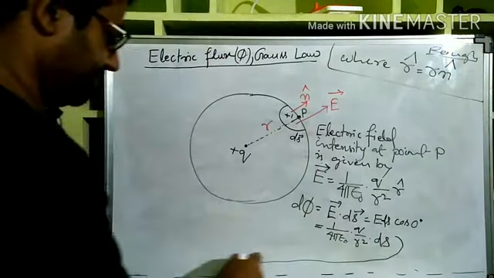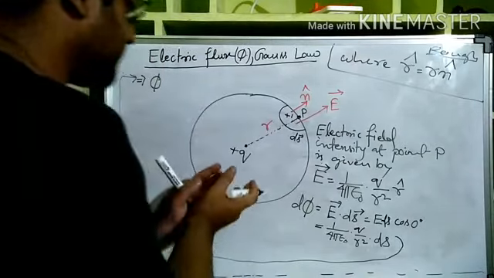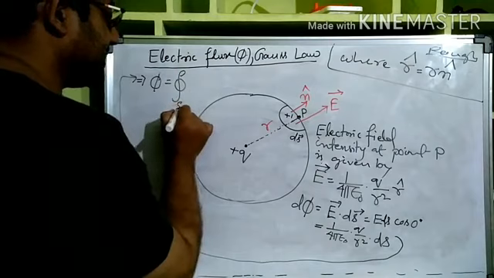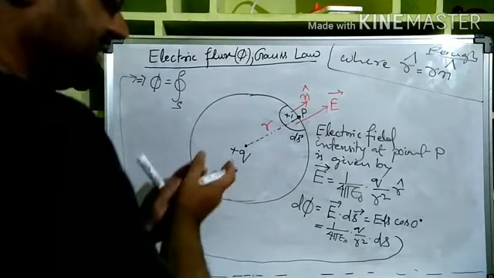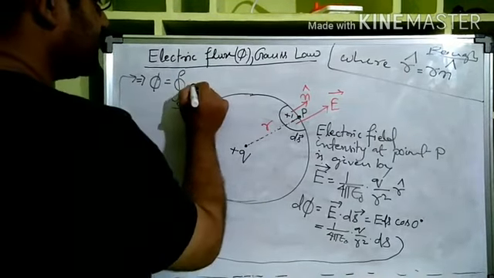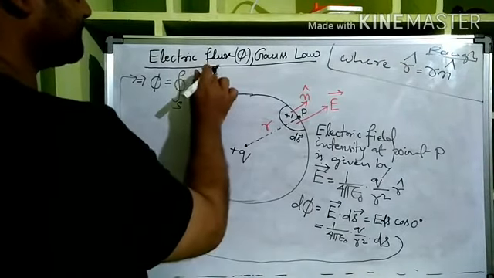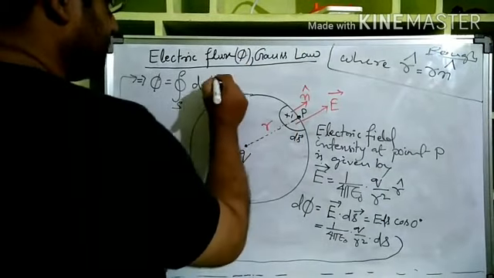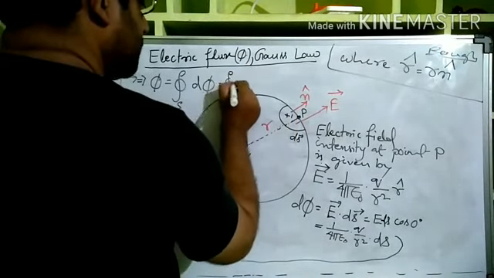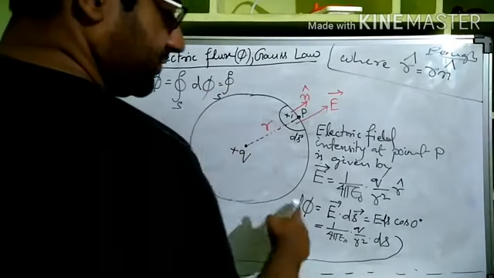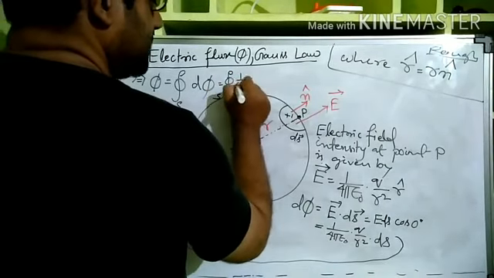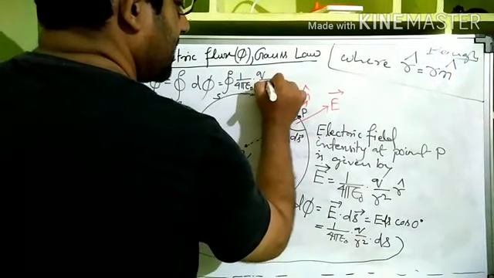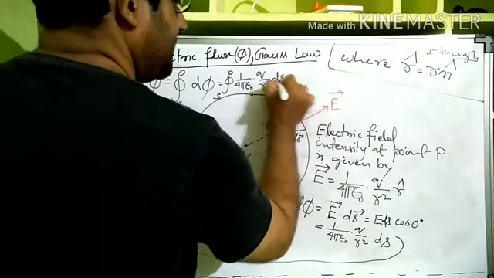This implies that the total electric flux through the closed surface is equal to what? The closed integration over the complete surface is equal to the closed surface integral of d phi, which is 1 by 4 pi epsilon naught q by r square ds.